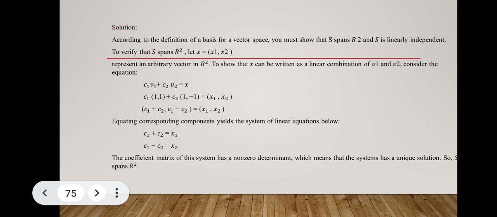Equating corresponding components yields the system of linear equations below: c sub 1 plus c sub 2 equals x sub 1, and c sub 1 minus c sub 2 equals x sub 2. The coefficient matrix of the system has a nonzero determinant, which means the system has a unique solution. So S spans R squared.